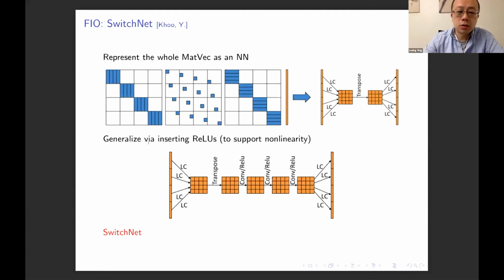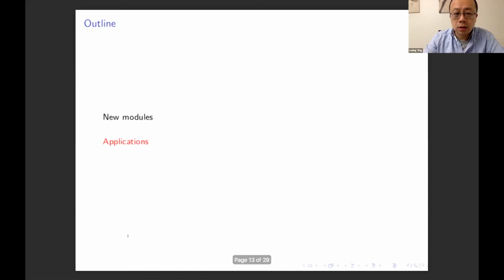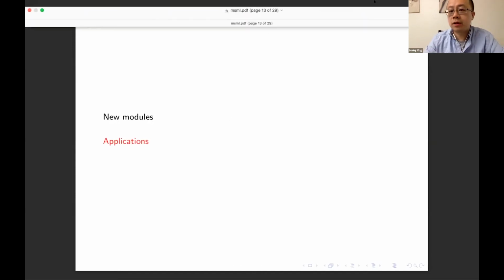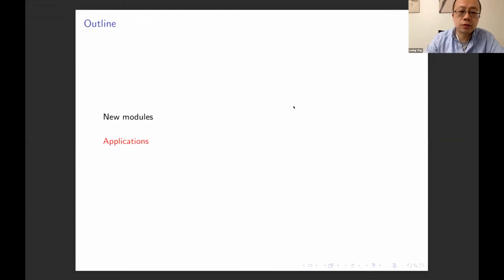As we did in the BCRNet, we can also insert ReLUs and add a few more intermediate layers to make it more powerful, for example, to support nonlinearity. And this architecture we call SwitchNet, because the most important step is the middle step where we do the transpose.